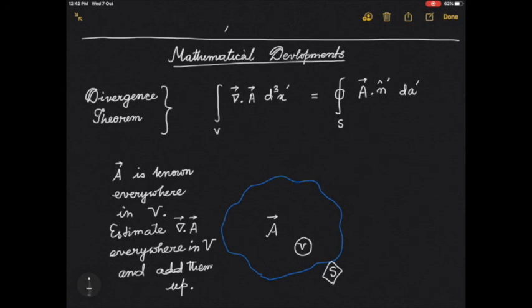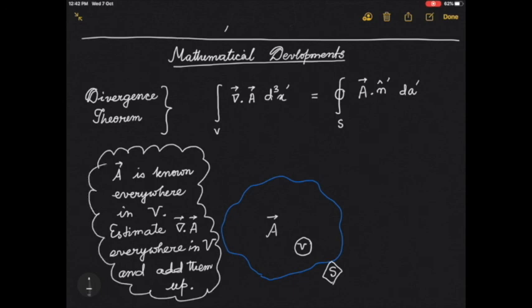You know that integration is the limit of a sum. And if I do this exercise, what will I get? I'll get the left hand side of the integral. Now, the divergence theorem tells you that you can calculate the same thing in the following way. You don't need to know A everywhere inside the volume. You need to know A on the surface.